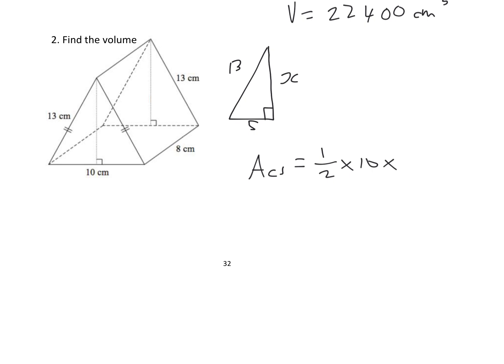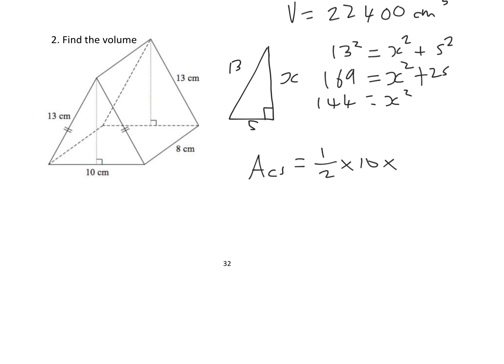Pythagoras' theorem says that the square of the hypotenuse, 13 squared, equals the sum of the squares of the shorter two sides. Or 169 equals x squared plus 25. If you take 25 from both sides, you get x squared is 144.